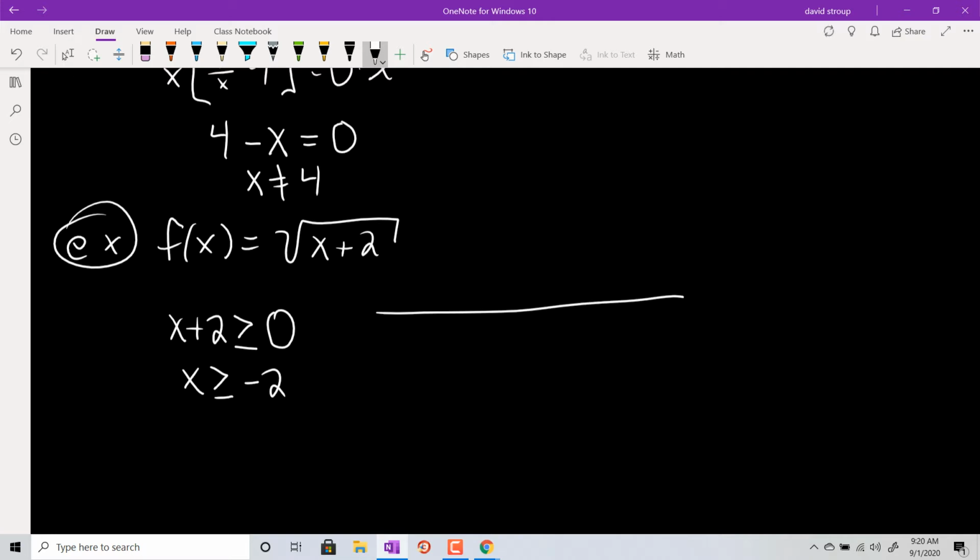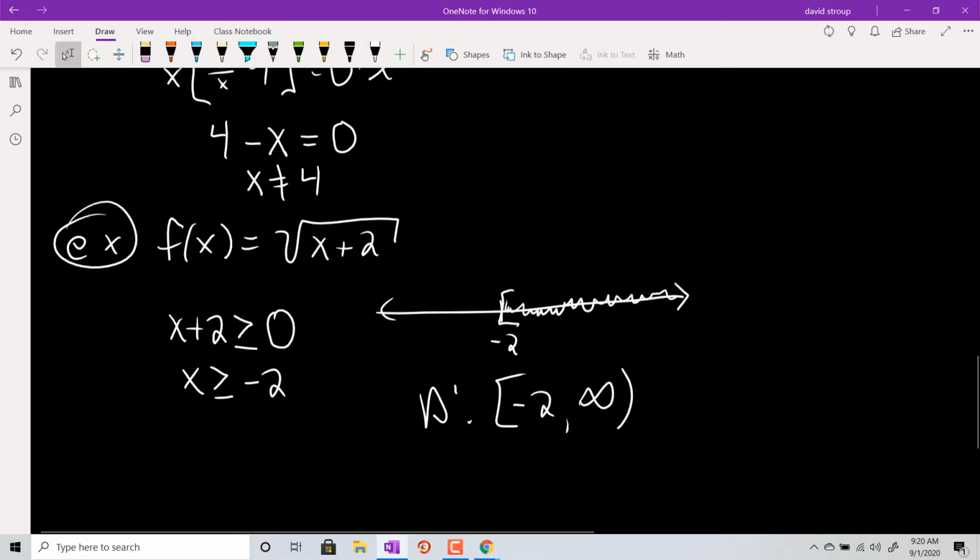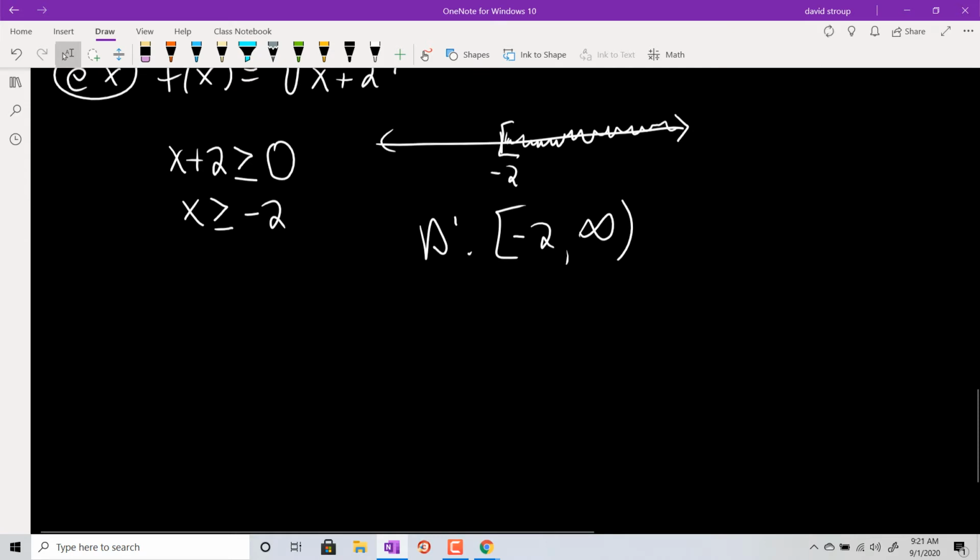In the end result, here's negative 2, and I want everything greater than or equal to negative 2. So I use a square bracket, and then everything above it. So my domain will be the interval from negative 2 to infinity. And you don't have to draw out the number line. I just do that if you're still having trouble with the interval notation. I'm hoping it helps. Let's look at another example.